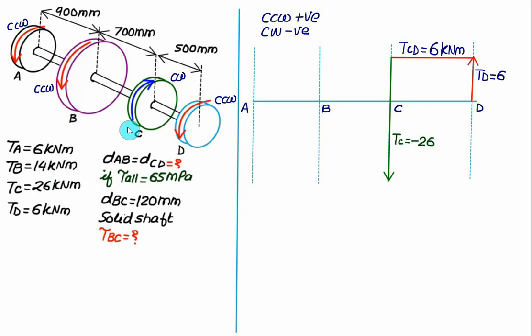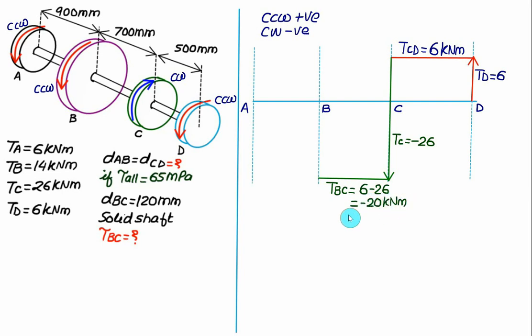Then between B and C there is no torque acting, so the torque remains constant over the portion BC. So the torque in shaft BC will be plus 6 minus 26, which equals minus 20 kilonewton meter.